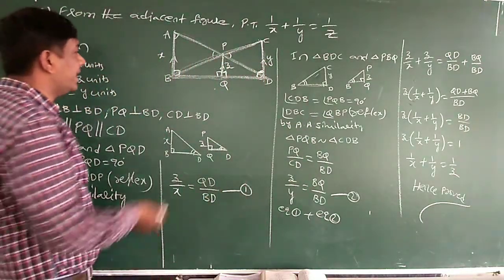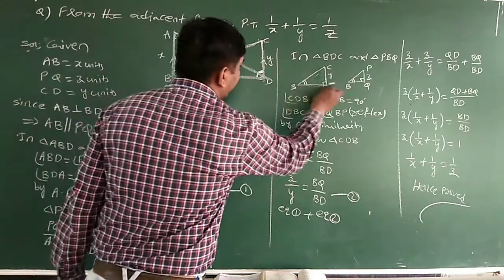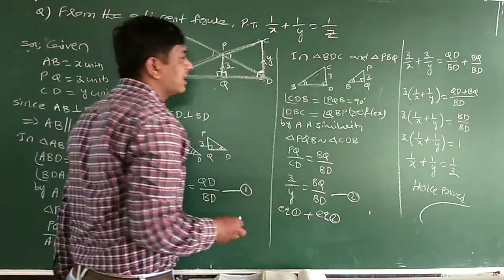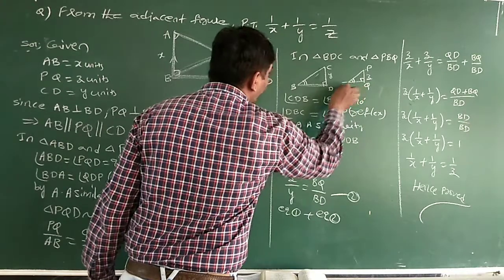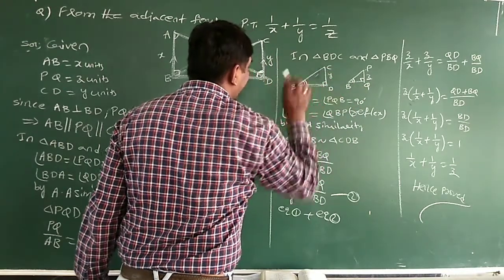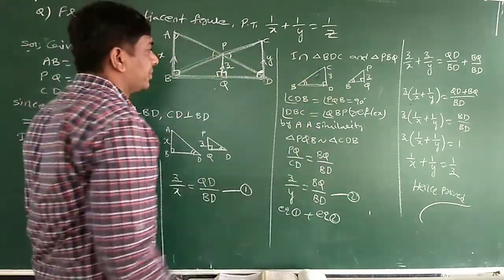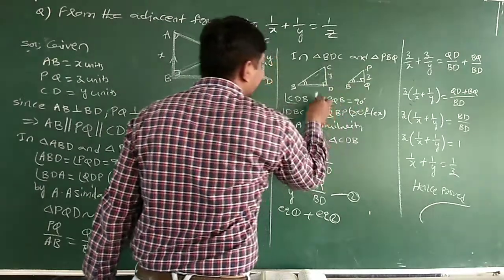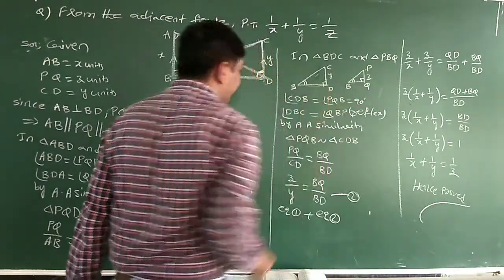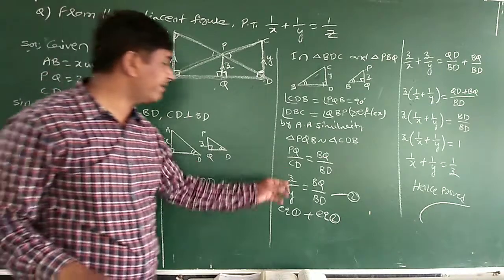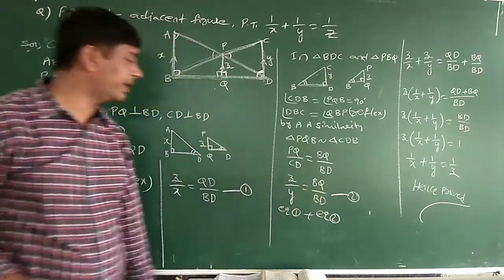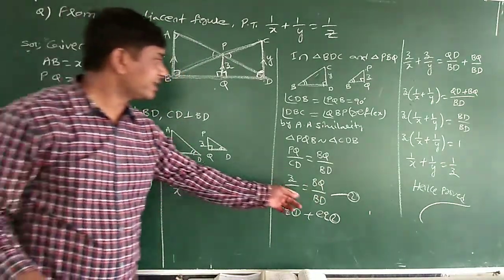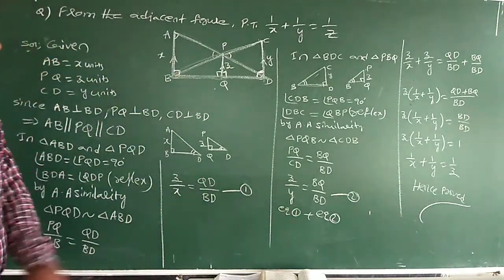So again by AA similarity, the two triangles are similar. So PQB is similar to CDB. Therefore PQ by CD is equal to BQ by BD. PQ means Z, so Z by Y is equal to BQ by BD. This is equation number 2, and the previous one is equation 1.